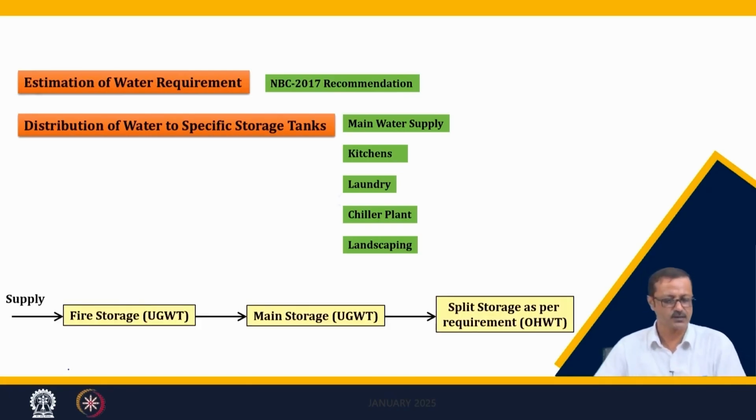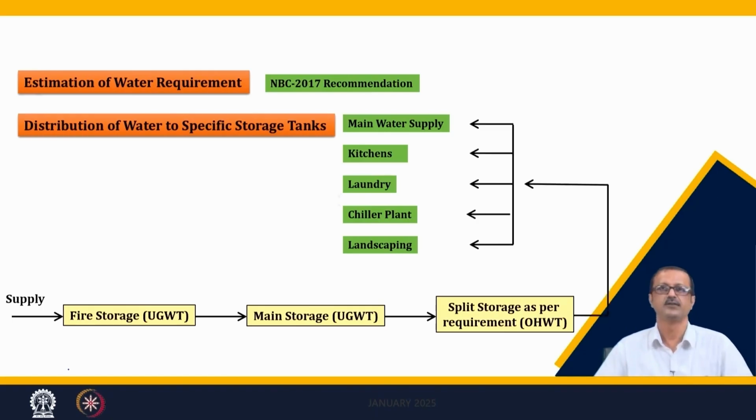We first store in the main storage in the underground, which is not fire, which is for the water supply, and we have to have a split storage as per the requirement, and we can send from the overhead tank.